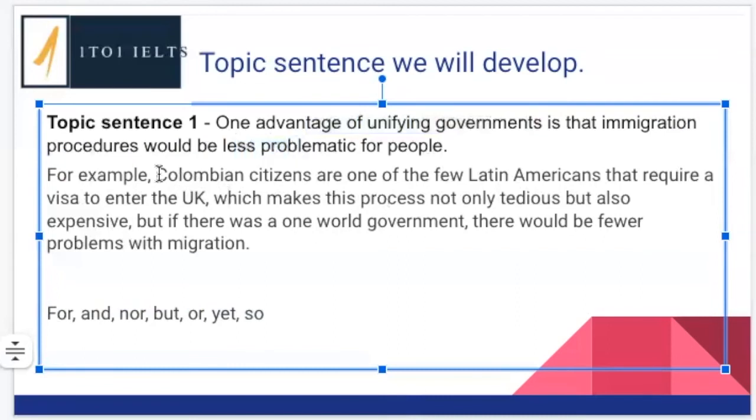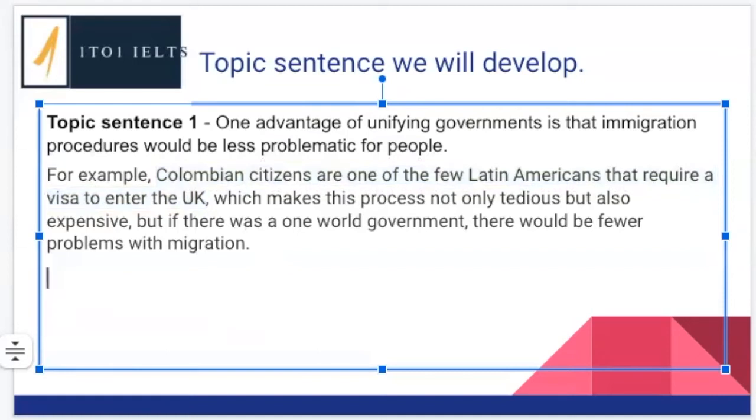At the moment, we've got a very specific example that Colombians have an issue getting a visa. And if we had a one world government, they wouldn't have as many problems. They wouldn't have as many issues getting visas, and it's going to be cheaper and less tedious for them. So yeah, this is a good, relevant example.